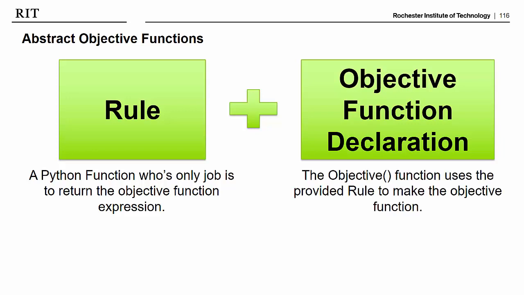Then our objective function declaration uses the objective function, and it provides the rule that's needed to make the objective function expression. This may sound confusing, but there are essentially two parts: a rule, and then another objective function that uses that rule.